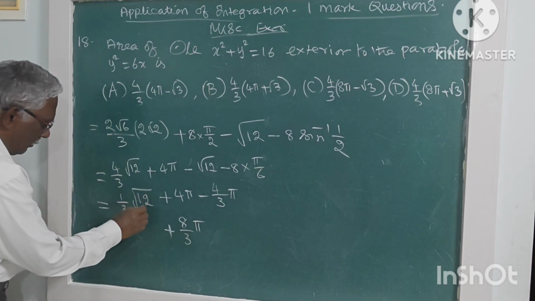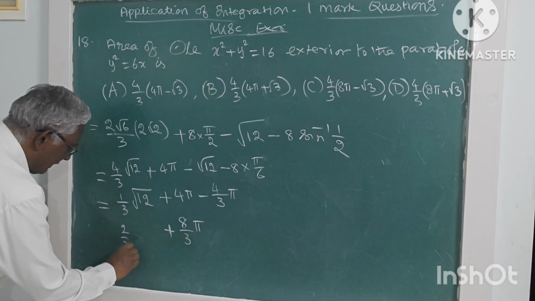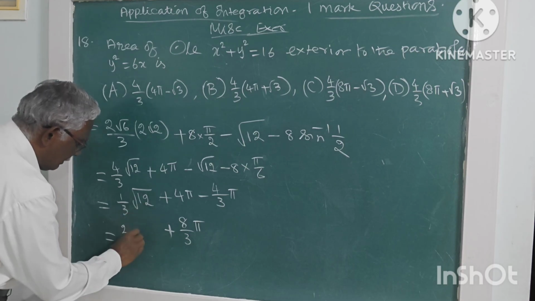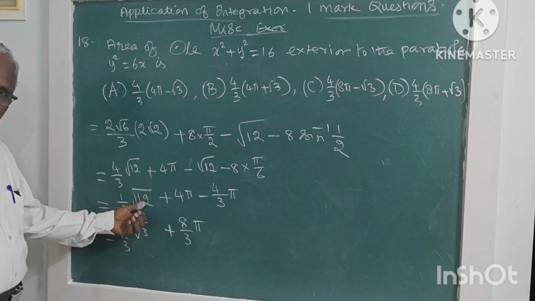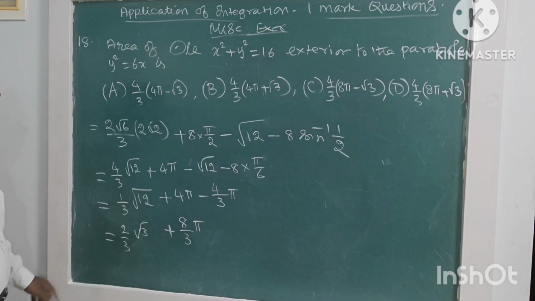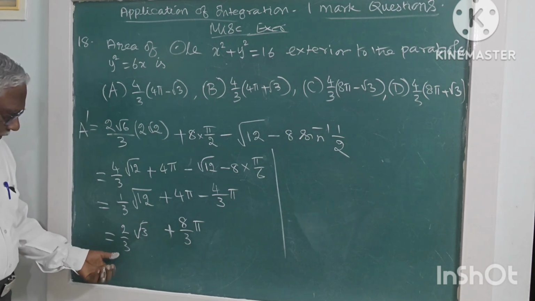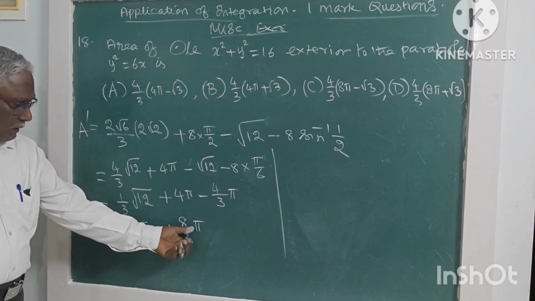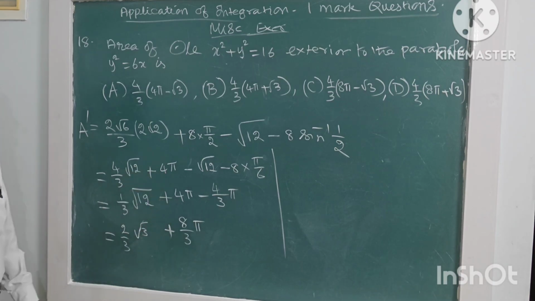Here 4 you take outside, that will become 2. 4 we taken 2, 2 by 3 times root 3. So 2 by 3 root 3 plus 8 by 3 pi. This is the area above the x-axis only.